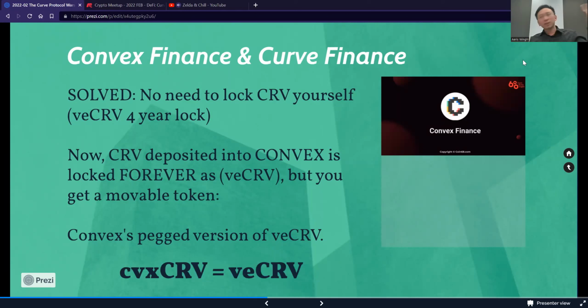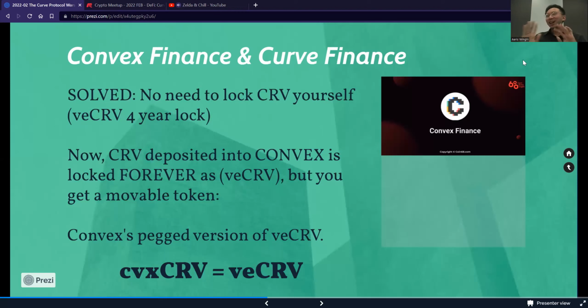So like I said, what they solved was that when you lock your CRV for 4 years, you can't do anything: you can't send it to somebody, you can't sell it, you can't unstake it. Basically you take your CRV and deposit it into Convex, and it becomes VECRV permanently in the Convex system, but they give you a peg token, which is called CVX CRV.